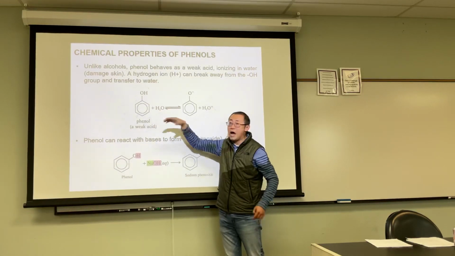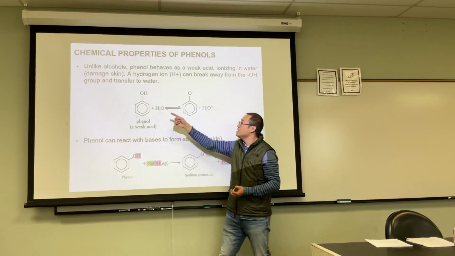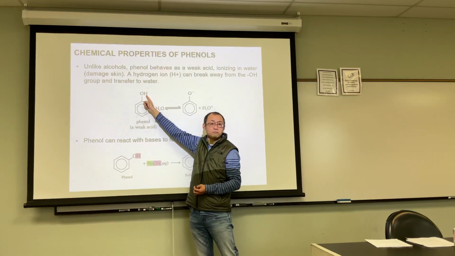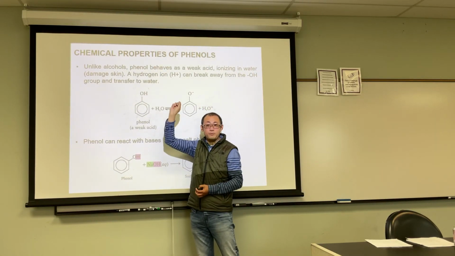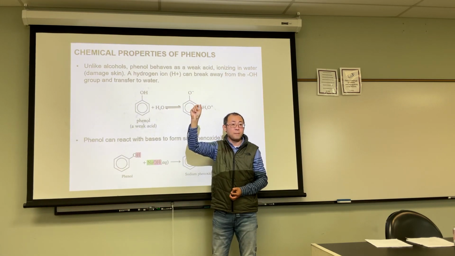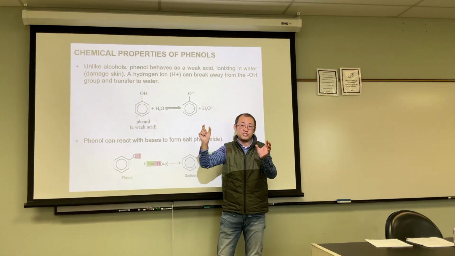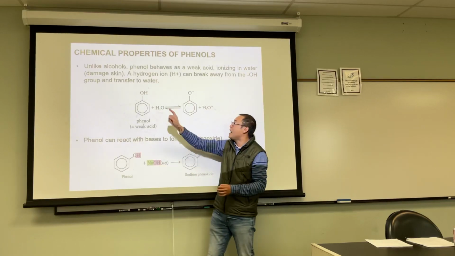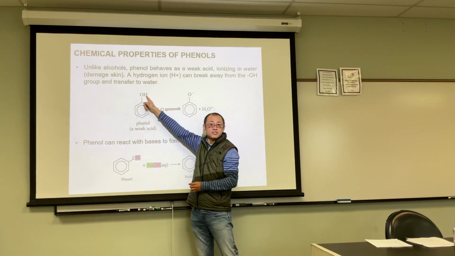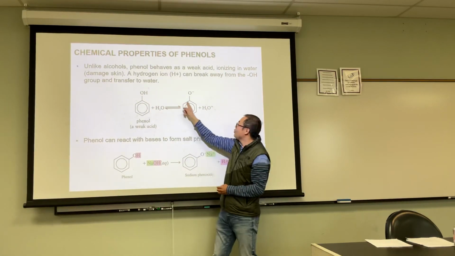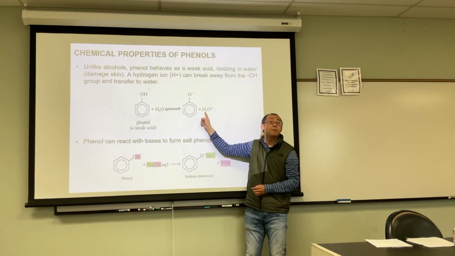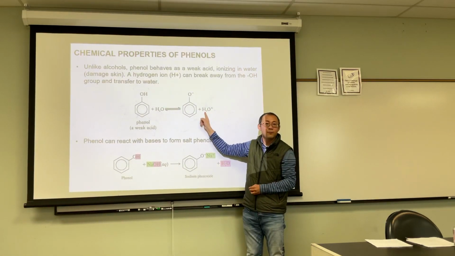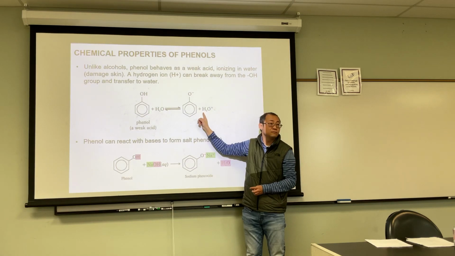Why? Because the OH of phenol can break, and the breaking is not homogeneous, it's heterogeneous. So the hydrogen comes off as hydrogen plus, which we call a proton.